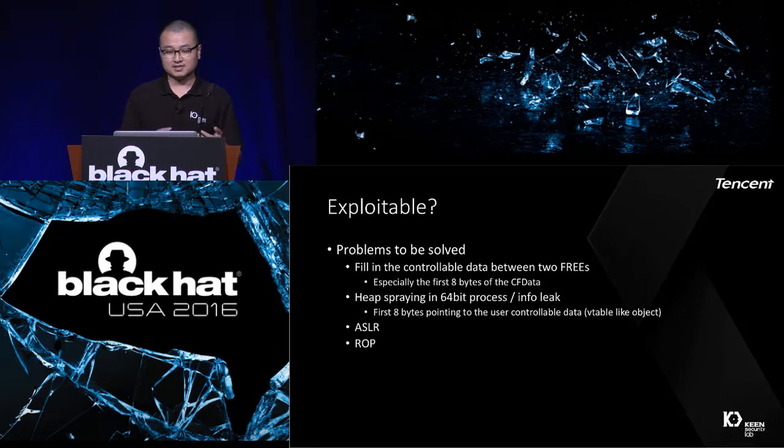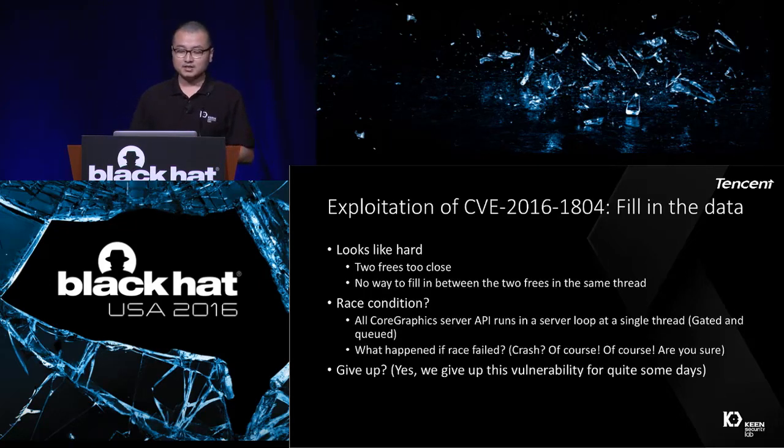And also there are other things like ASLR and ROP. It looks very hard to exploit because the two frees are very close to each other, so there is a small time window. And another thing is that all Core Graphics APIs actually run in a single thread in a server loop, so you cannot use any of those Core Graphics APIs to fill in the data.